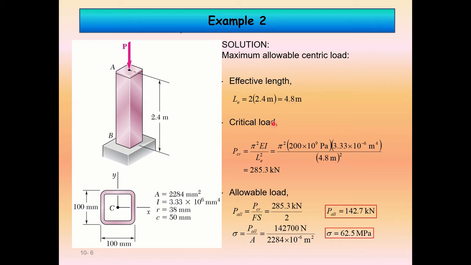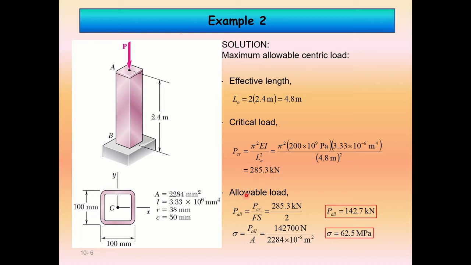To determine the critical load for axial load applied at the center of the column, using Euler formula equal to pi squared times E times I divided by L effective squared. Substitute the data to the Euler formula. So we get 285.3 kilonewton.